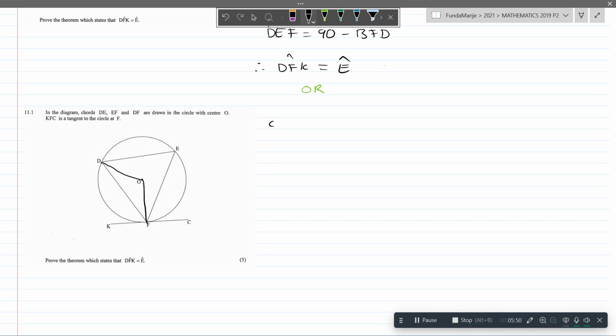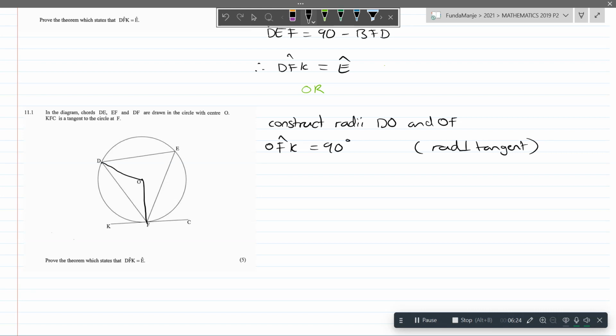So that will be step number 1, construct radii DO and OF. Then next we're gonna say that OFK, just like before, OFK is equals to 90 degrees, and this is radius perpendicular with tangent.